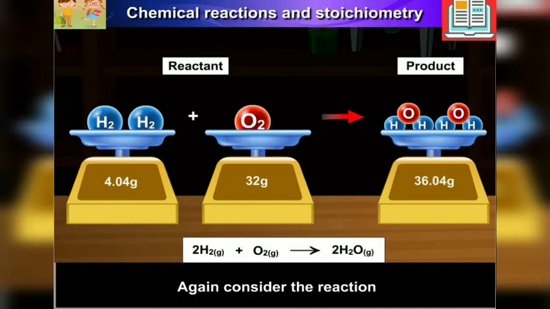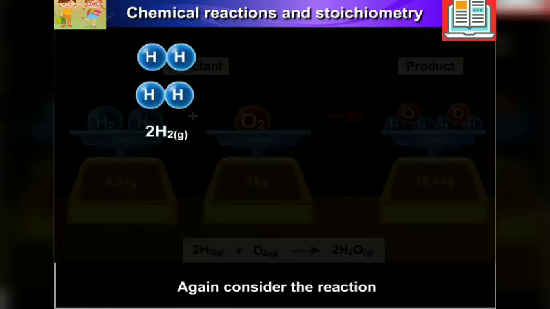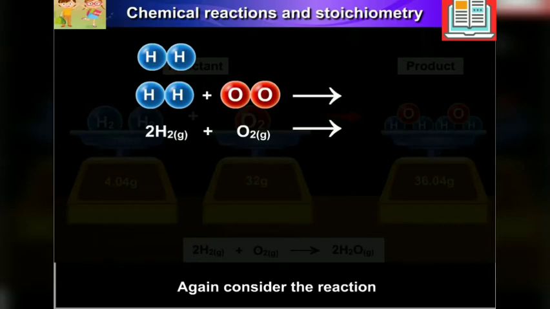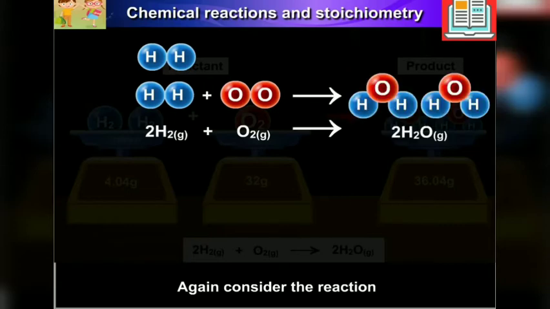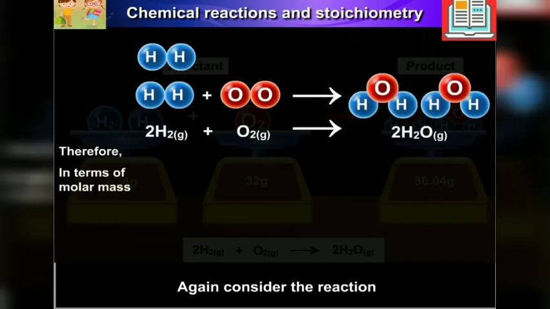Again consider the reaction 2H2 in gaseous form plus O2 in gaseous form gives 2H2O in gaseous form. Therefore, in terms of molar mass, 2 moles of H2 plus 1 mole of O2 gives 2 moles of water vapor.